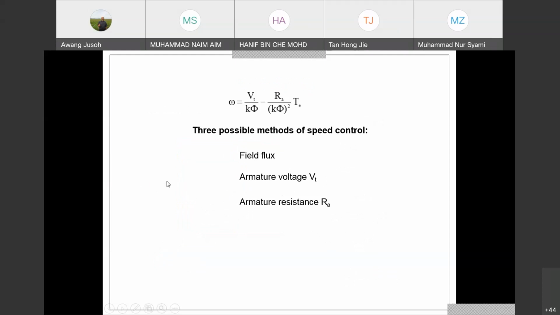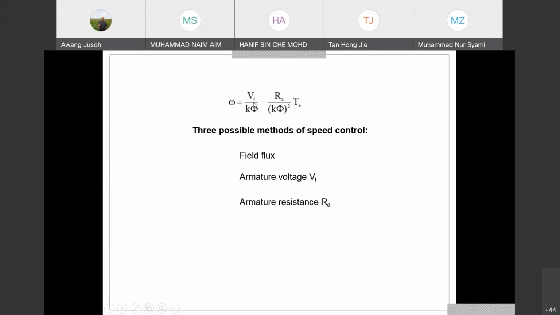At a glance, you can see that if we decrease the flux, the speed will increase. The lower the flux, the bigger the speed. And for the voltage, the bigger the voltage, the bigger the speed. For Ra, the bigger the Ra, the lower the speed. You can see this in the equation. You put Ra bigger, the speed is lower.